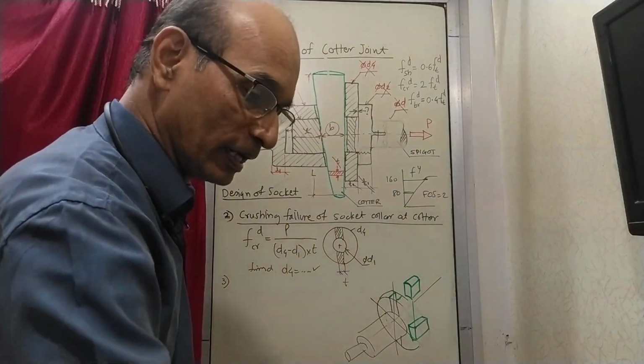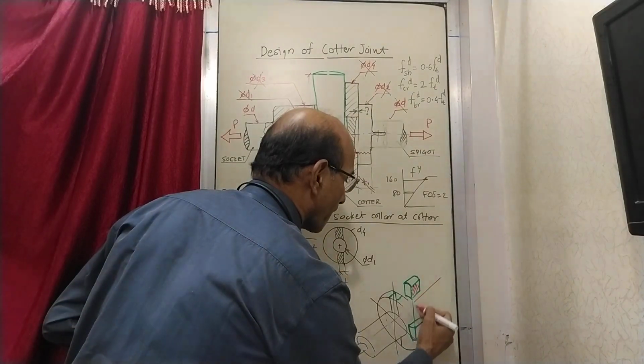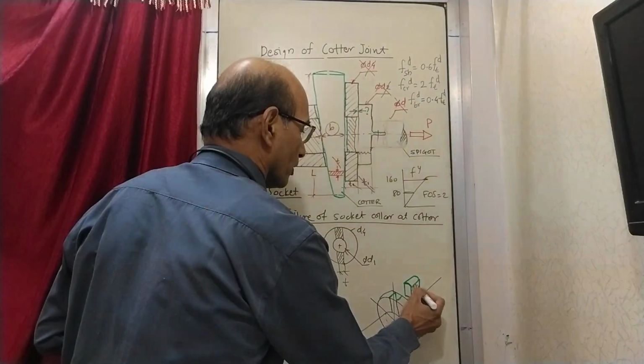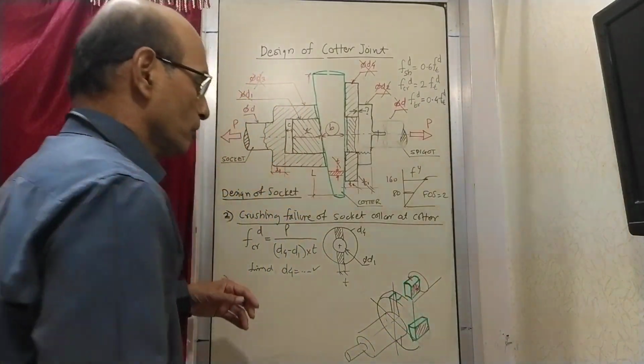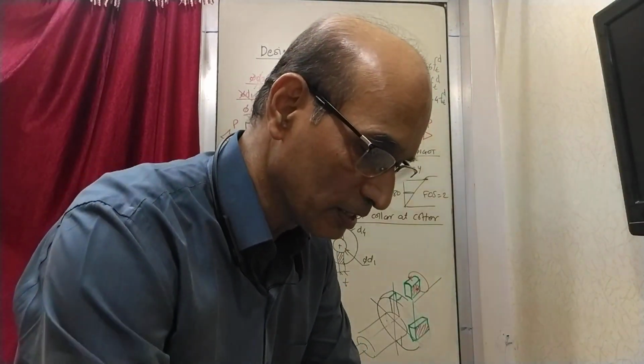And what is the newly created area here? The area that is newly created is this area, which was not there before, and of course there on the back side also, twice. So this is the resisting area which is preventing the shear failure.